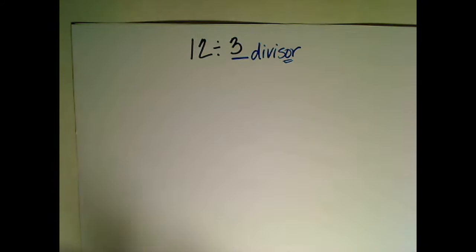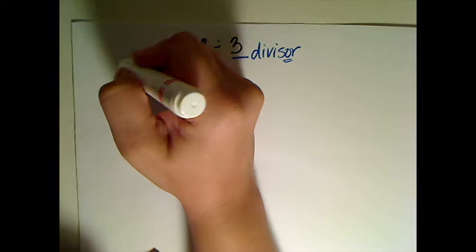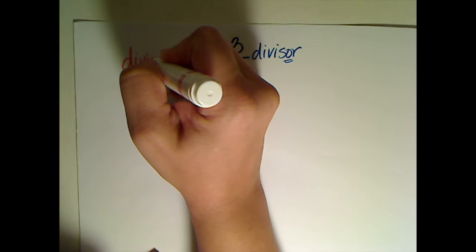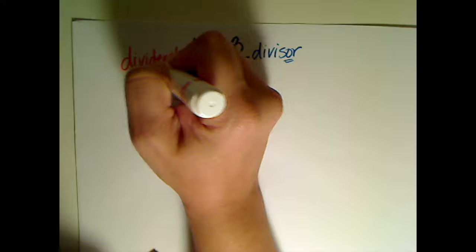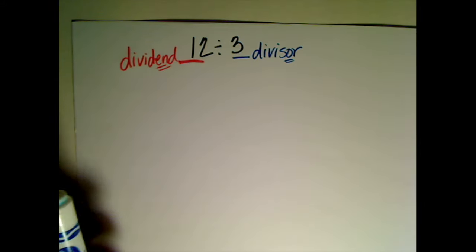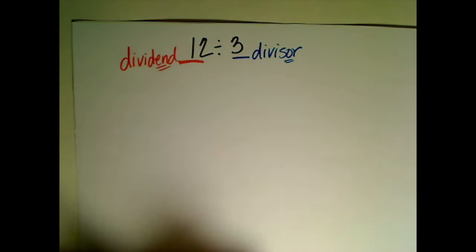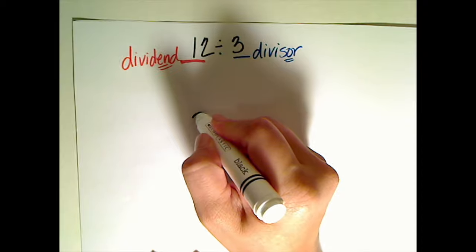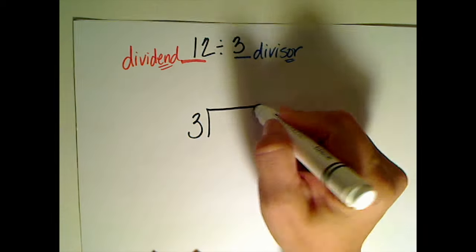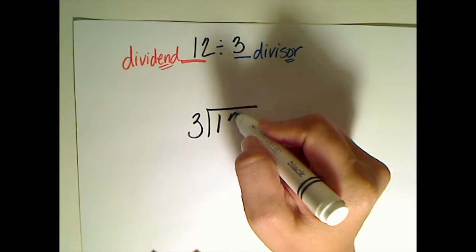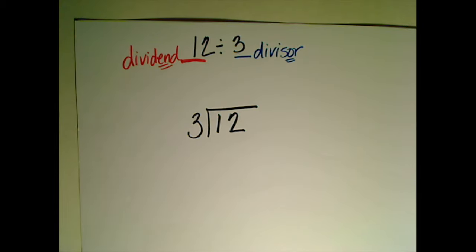It has an O in it, so it's going to go on the outside. And this is our dividend. It's going to go on the inside. So, 3 divided into 12.